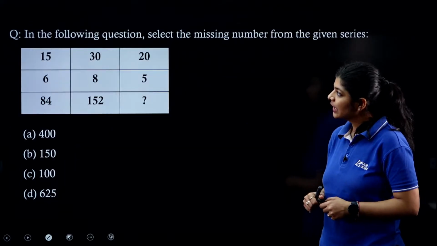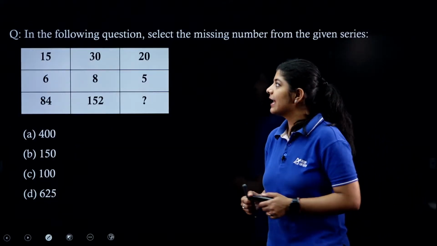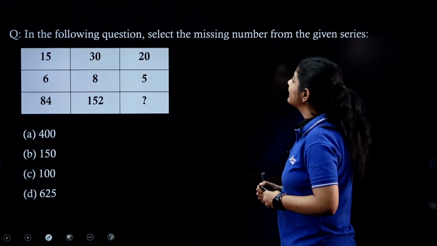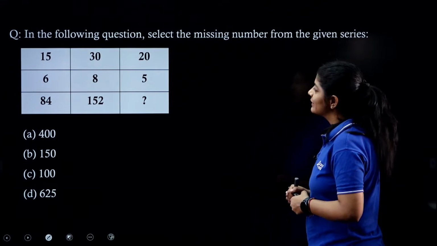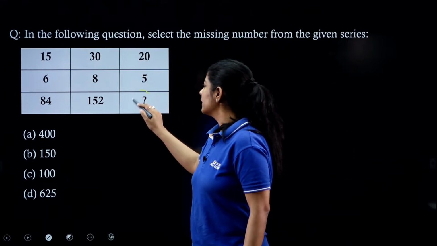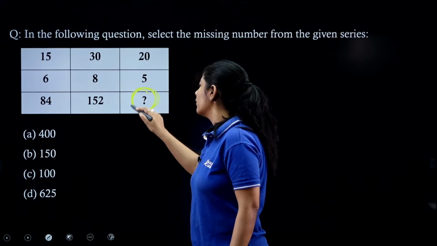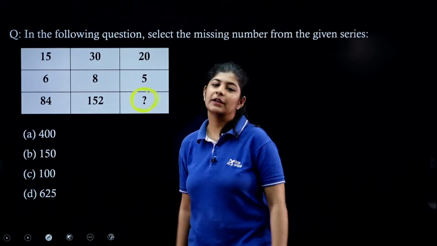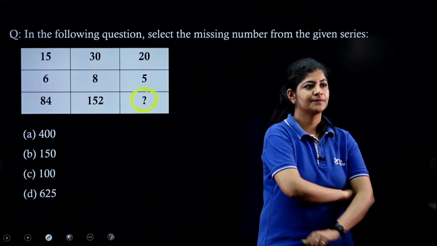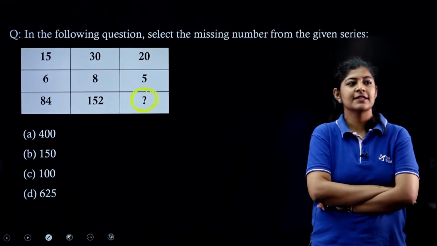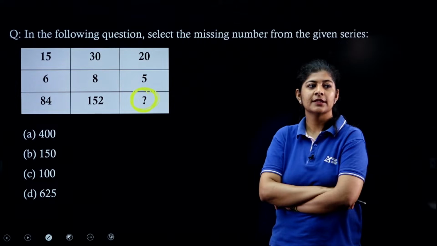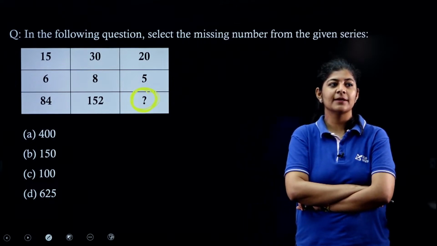Next. So the next question says that in the following questions, select the missing number from the given series. So here we simply need to figure out the value of this particular question mark. Why do you disagree, Paramesh?